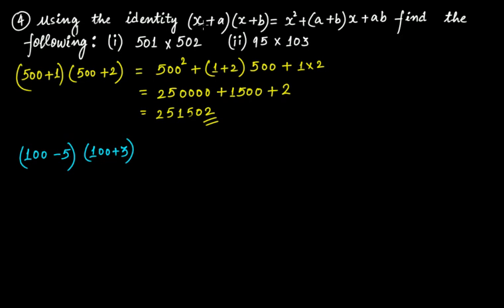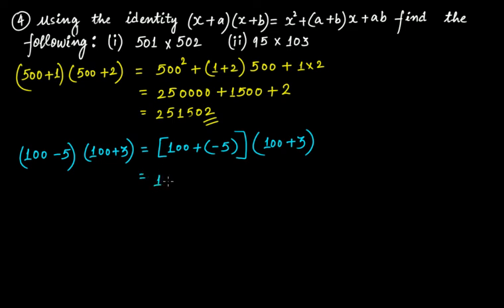This is minus 5, but we have x plus a and x plus b. Okay, so what if I write it as 100 plus minus 5, and this is already 100 plus 3. X plus a is minus 5, x plus b is 3, and x is 100.